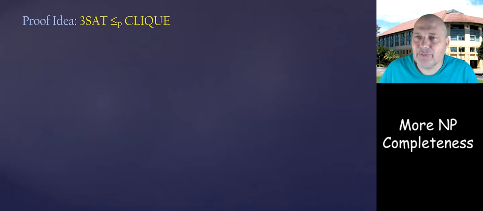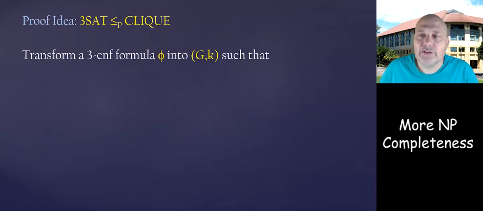And the proof idea: we want to reduce it from an NP-hard or an NP-complete problem. And so far, you wouldn't be surprised that we only have 3SAT. So we show that 3SAT is polynomial time reducible to clique. So let me say something about these polynomial time reductions that we're going to see. They are both easier and harder than the mapping reductions we saw in the chapter on computability.